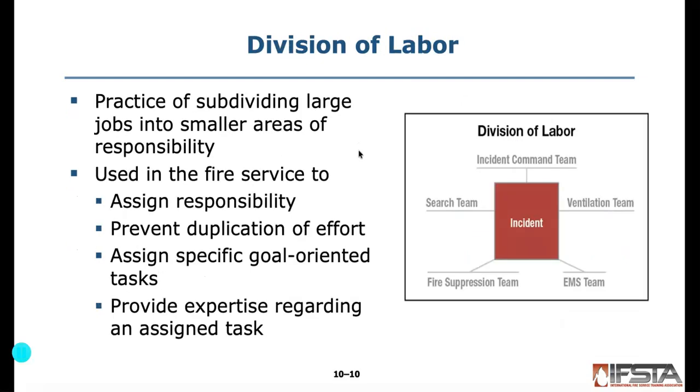Division of labor, how do we distribute the workload? How do we divide our jobs into smaller jobs or smaller areas of responsibility so that everything gets accomplished? This is used in the fire service to assign responsibility. It doesn't duplicate the efforts. It assigns a specific goal-oriented task and provides expertise regarding that assigned task.